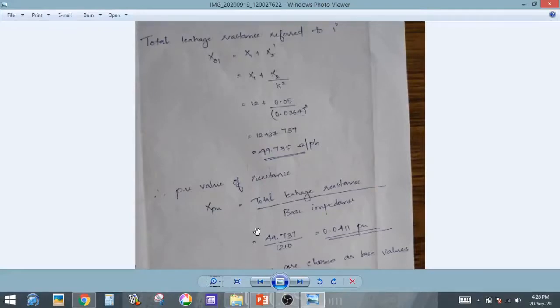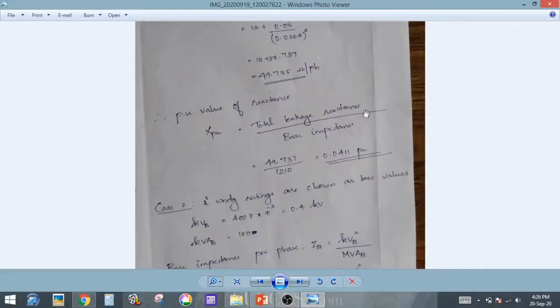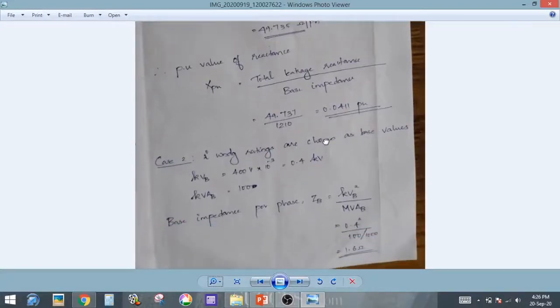Whenever it is referred to the primary side, it should be divided by the transformation ratio square, that is K square. So X01 equal to X1 plus X2 divided by K square. After simplifying, we will get 49.735 ohm per phase, and the per unit value of reactance XPU equal to total leakage reactance divided by base impedance, and we will get 0.0411 per unit.